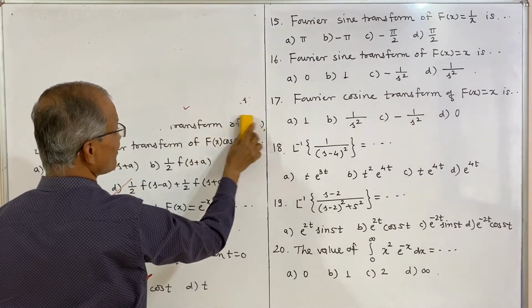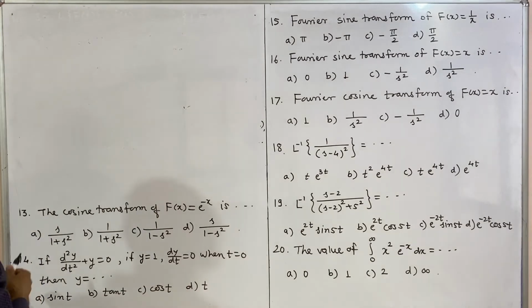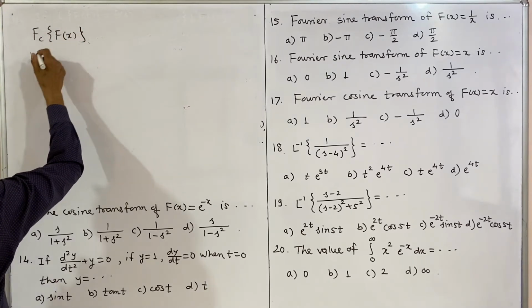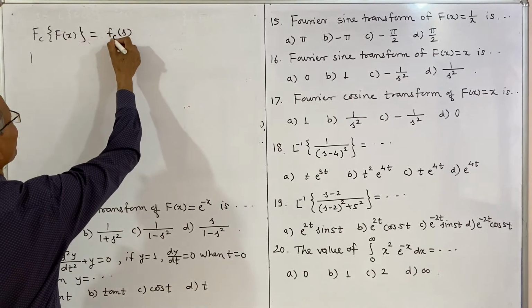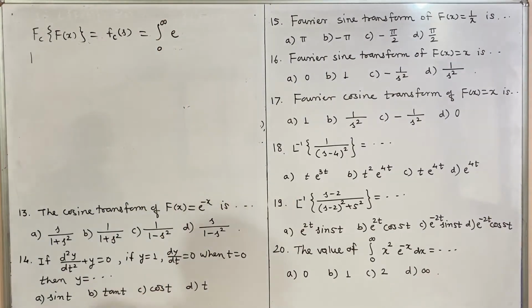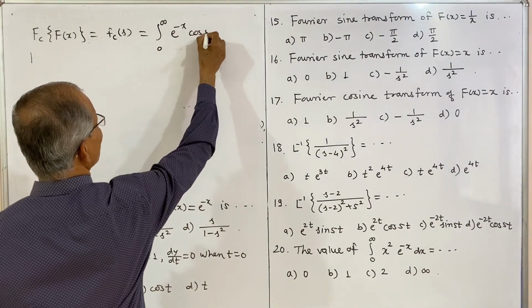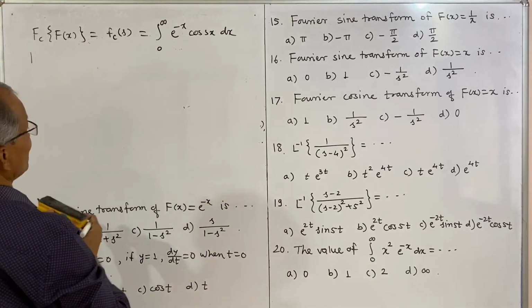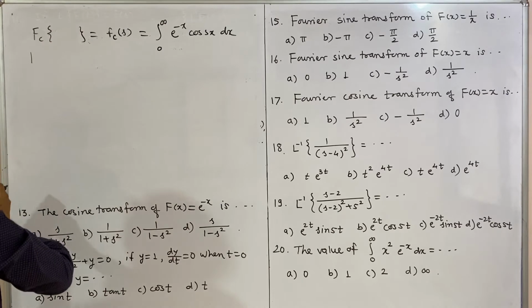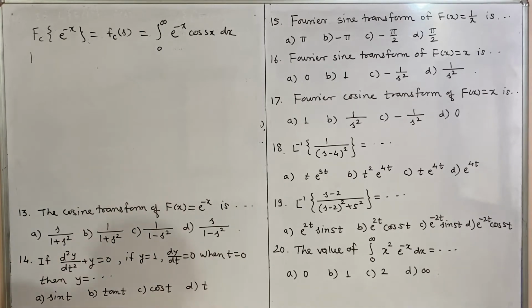Actually, the Fourier cosine transform by definition is denoted by the Fourier cosine transform of f of x, capital F of x, and is the integral from 0 to infinity of f of x cos sx dx. So the Fourier cosine transform of e power minus x is the integral of e power minus x multiplied by cos sx into dx.